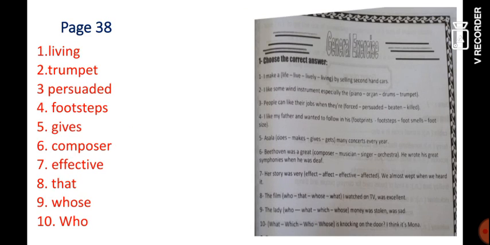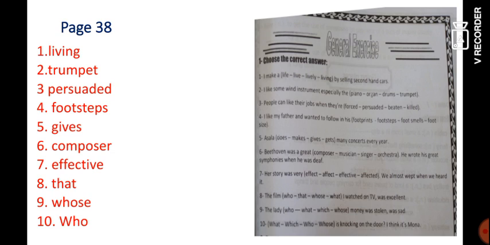Okay, general exercise, choose. I make a living by selling second-hand cars. Number 2, I like some wind instruments, especially the trumpet. Number 3, people can like their jobs when they are persuaded. I liked my father and wanted to follow in his footsteps. Number 5, Asala gives a concert.